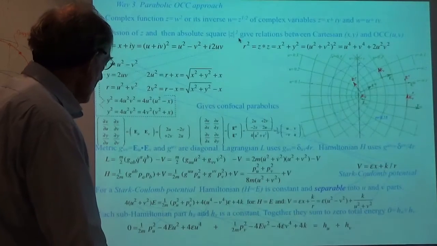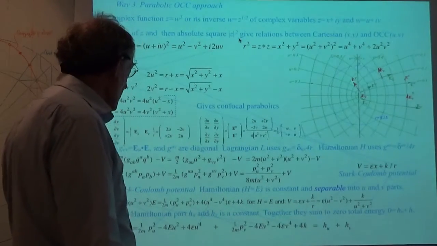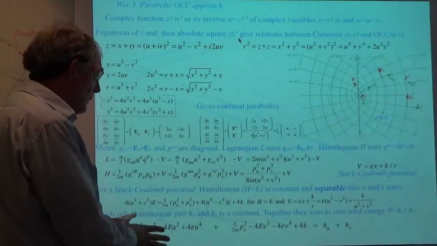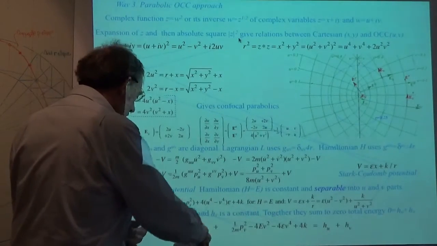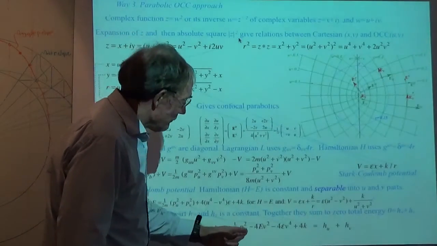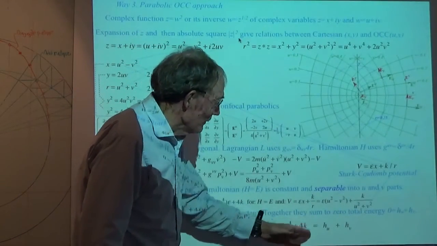And that is neat because I can then take it apart. I can put all the u parts of the thing right here, and then write all of the v parts right there.